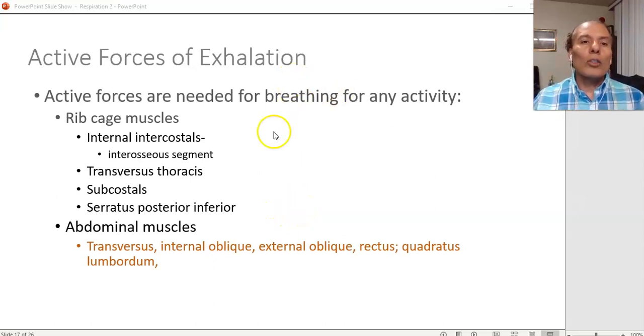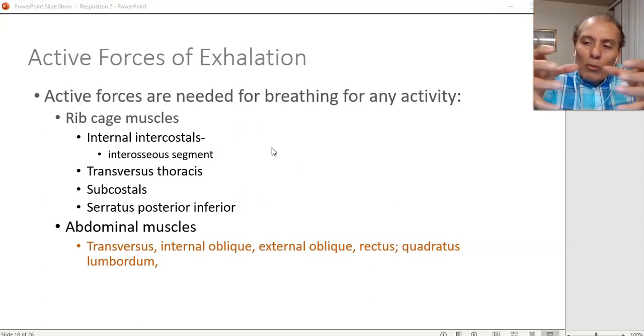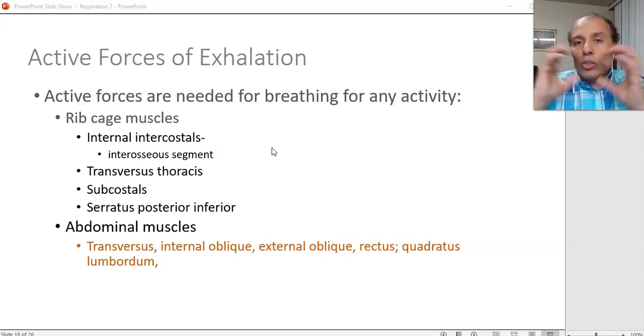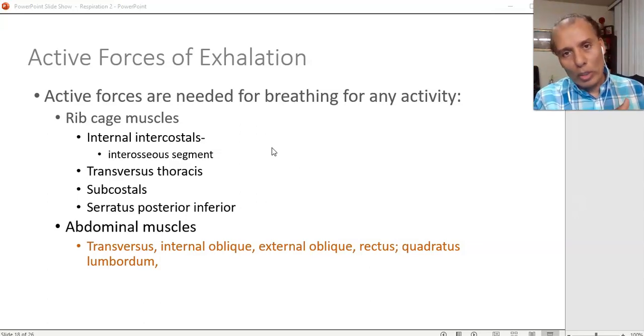So the active forces of exhalation include a set of muscles that will pull the thorax inward and downward, from the side and back, and all of them compress the thorax, which means to compress the lungs and to squeeze the air, to make the volume smaller. And as it becomes smaller, the air will stream out, and the air will continue to stream out until the point of equilibrium is reached.